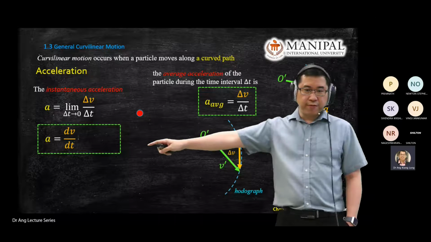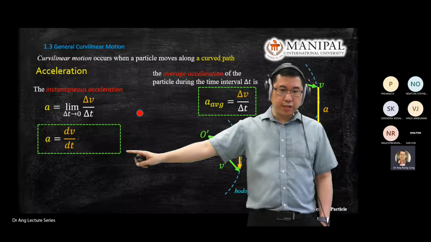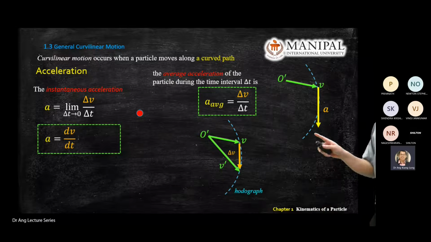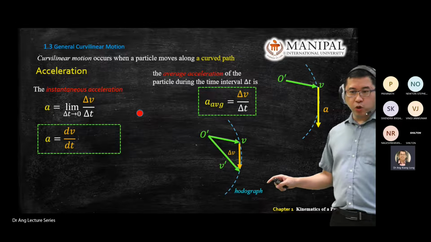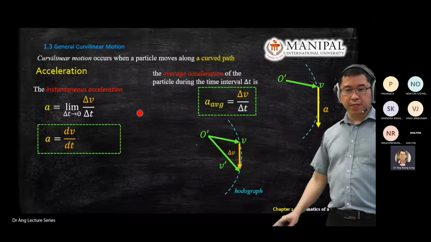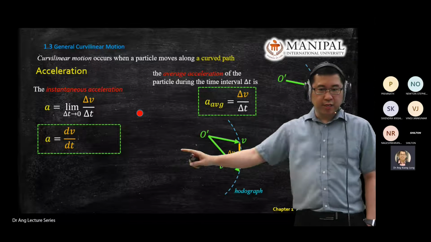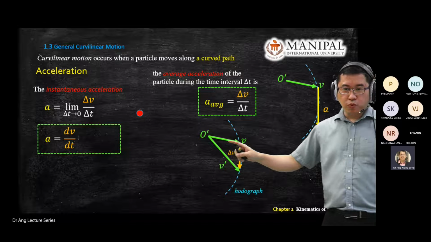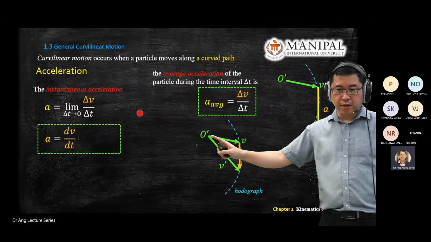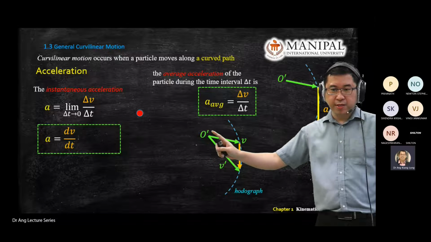So when you define instantaneous acceleration, dv over dt, what does it mean? Again, we are looking at hodograph, and not the path that we've seen just now. Just take note on that. When we talk about instantaneous acceleration, we talk about hodograph, that two vector join together at one imaginary center.